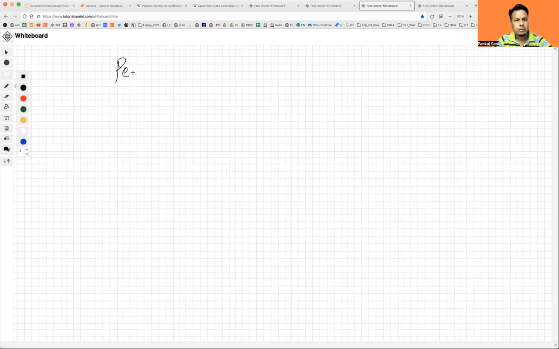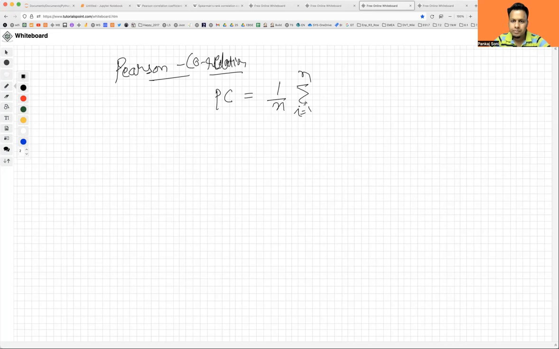Pearson correlation, let me represent it as PC, that is nothing but again 1 upon n, i equal to 1 to n. Sorry, this was the covariance, right?